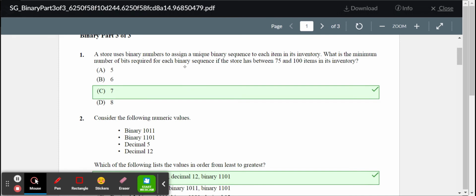Okay. A story uses binary numbers to assign unique sequences. What's the minimum number of bits required? 75 to 100. So 8-bit, most of us will know 8-bit is 255. If you didn't know that, that's okay. If you divide 255 by 2, you get about what? 128?